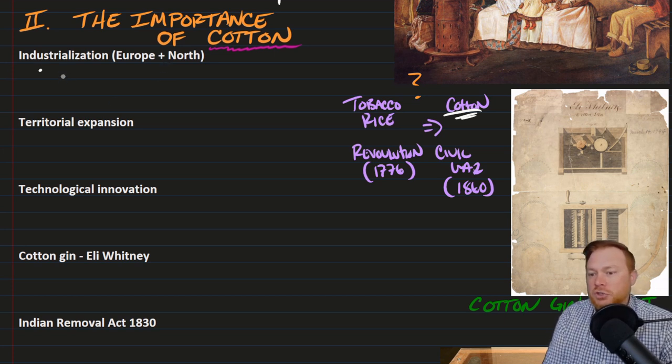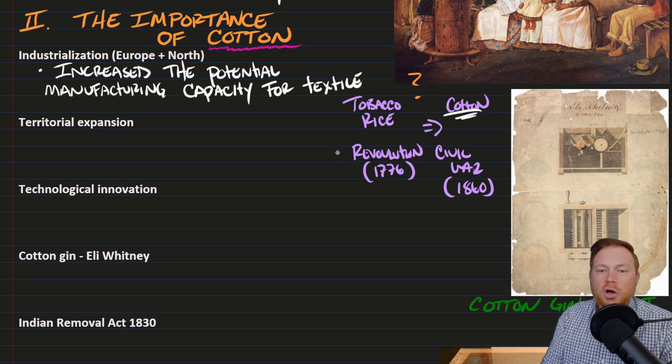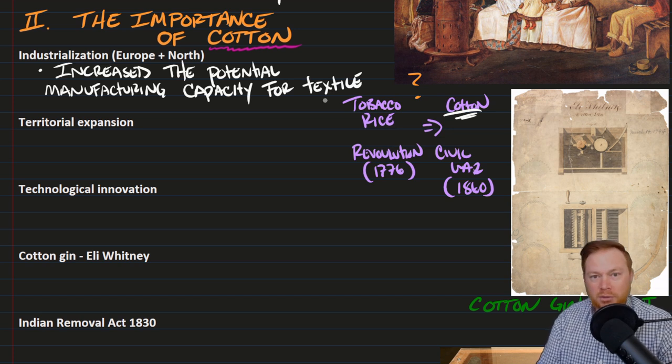So we might just say about industrialization that it increased the potential manufacturing capacity, and in this case we're just going to say for textiles. A textile is just any kind of cloth finished product. The textile could be a rug, a tablecloth, a shirt, pants, curtains, whatever it is.